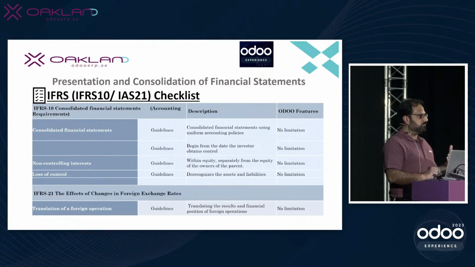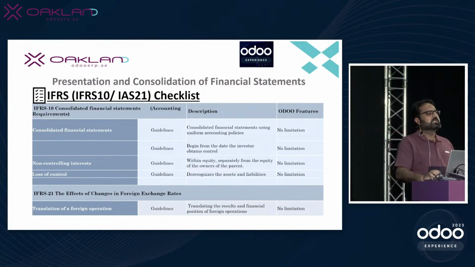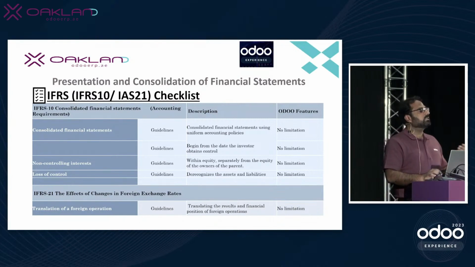If the holding company has acquired some subsidiary during a particular period, we can have the consolidation only for that period. Such requirements are there, and also there are requirements related to the conversion of the other currencies.